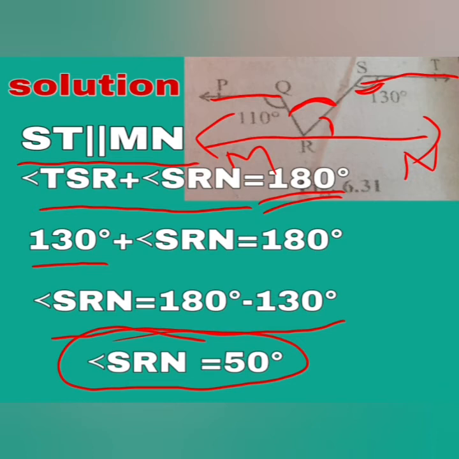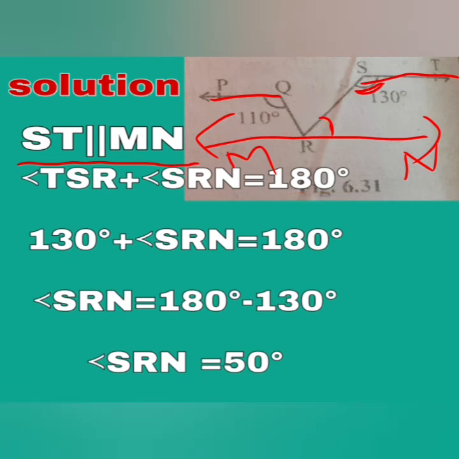For calculating that angle, we calculated these two parts of angle R, because when we draw the MN line, our angle R gets divided into three angles.